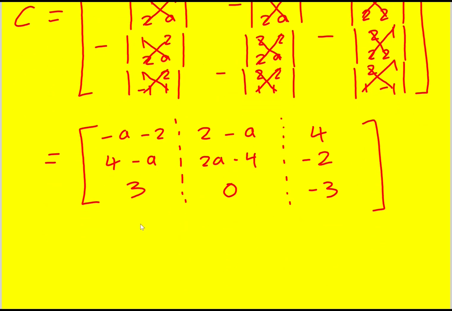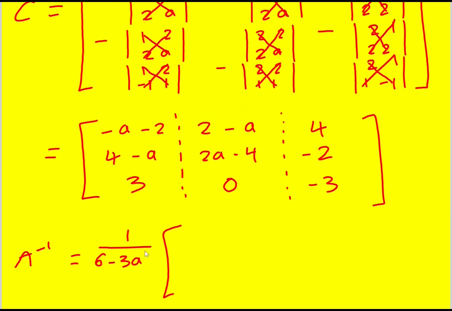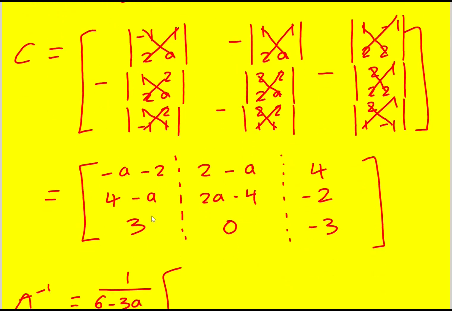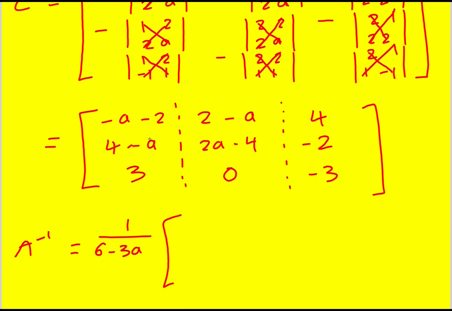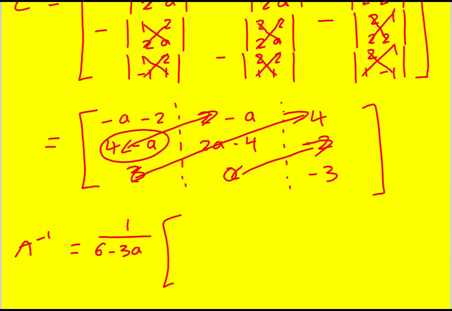So I'm going to go straight to the inverse from here. We've got 1 over the determinant, which from before was 6 minus 3a. And I'm going to be multiplying by the transpose of the cofactor matrix. So what this is, I basically just swap these terms. If it was the element in the second row, first column, it becomes the first row, second column.